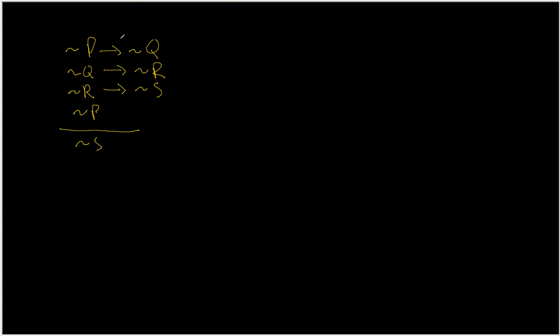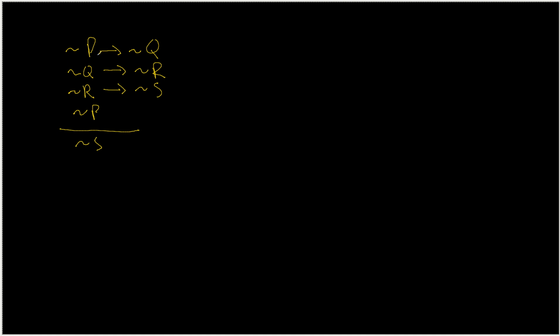So let's take a moment and look at the structure of this argument, because before we dive into things, it's good to think about what we're doing. You can see three conditional statements and one not P, and the conclusion is not S. The not S is found in the third conditional, and the not P is found in the first conditional.